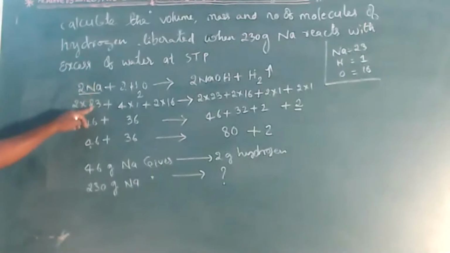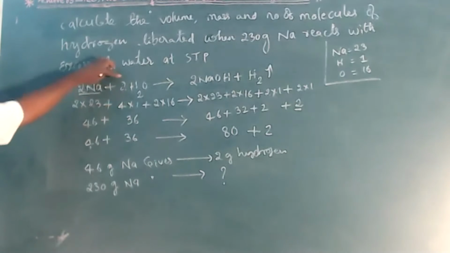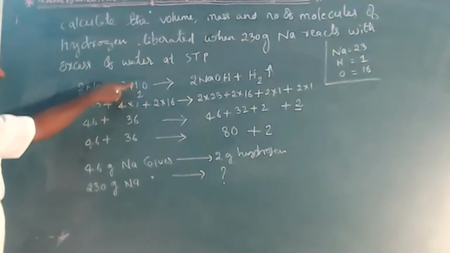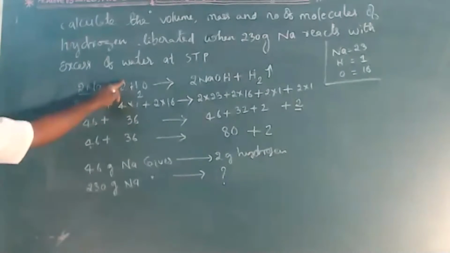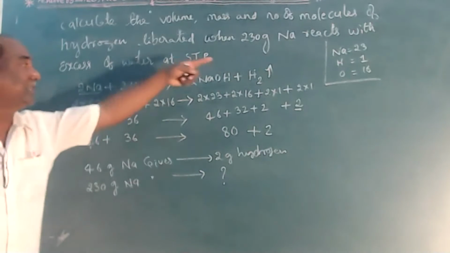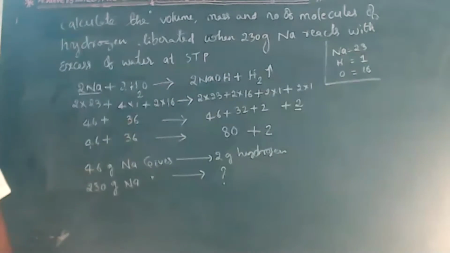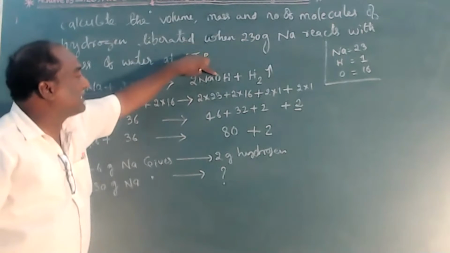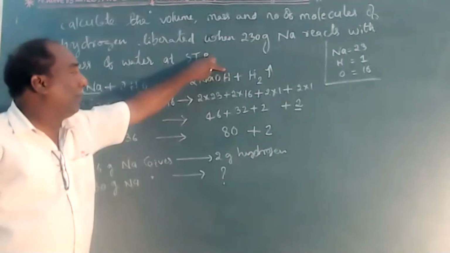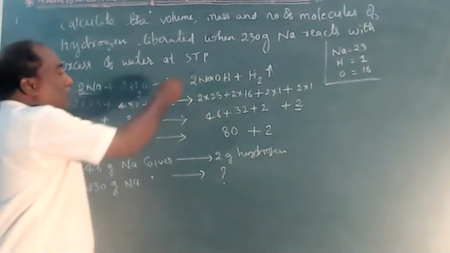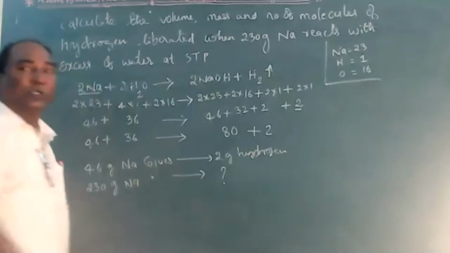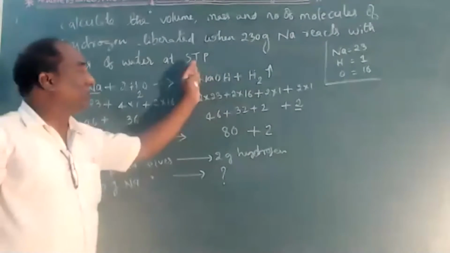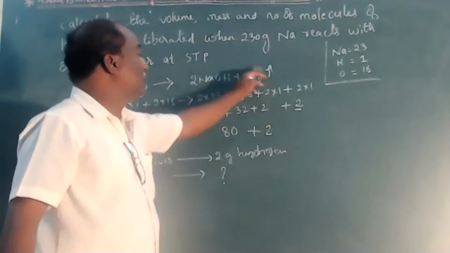2 into sodium 23, then plus, this 2 belongs to the total here. 2 2s are 4, 4 into H means 1. The next one, 2 into O, oxygen, how much is that? 16, 2 into 16. Then it gives rise to, this 2 belongs to sodium, oxygen and hydrogen, because if any number is beside the formula, that belongs to the total. So 2 into Na is 23, 2 into 16 plus 2 into 1 plus 2 into 1.